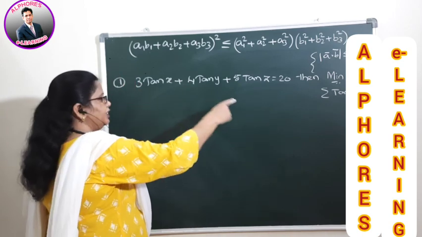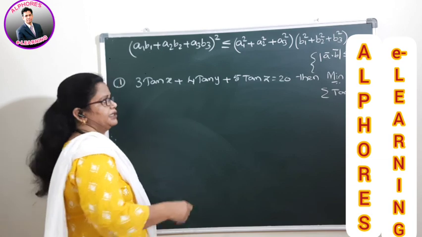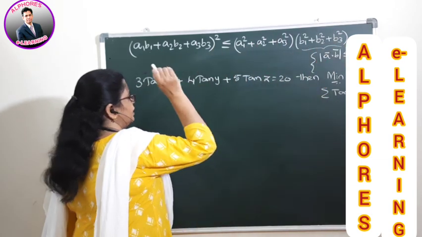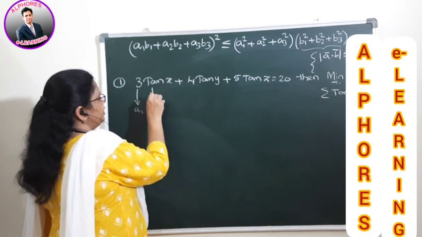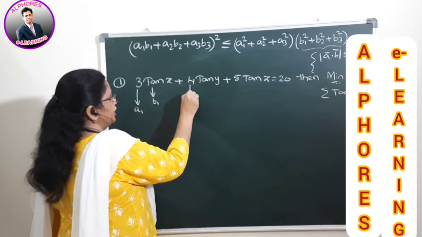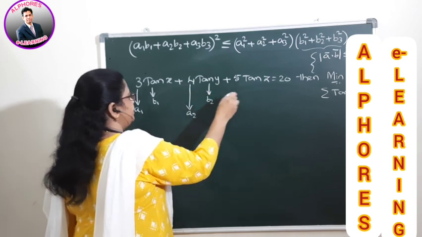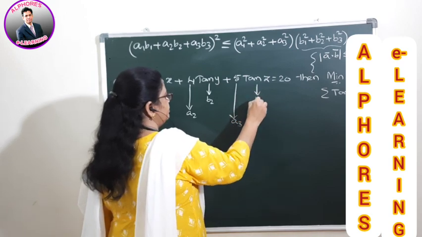Observe here, the requirement is tan square x plus tan square y plus tan square z. Suppose I am taking these values, or you can take that also. So I am taking this as a1, correspondingly this is our b1, and if it is a2, then correspondingly take this value as b2, and next if it is a3, then this value is b3.